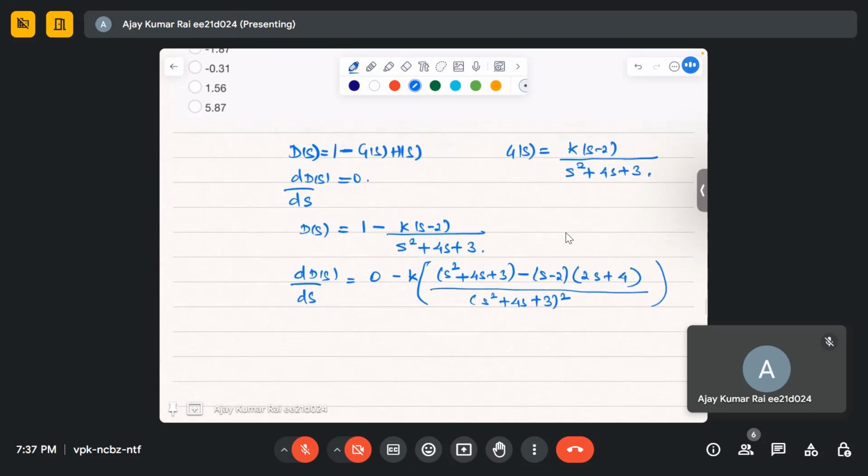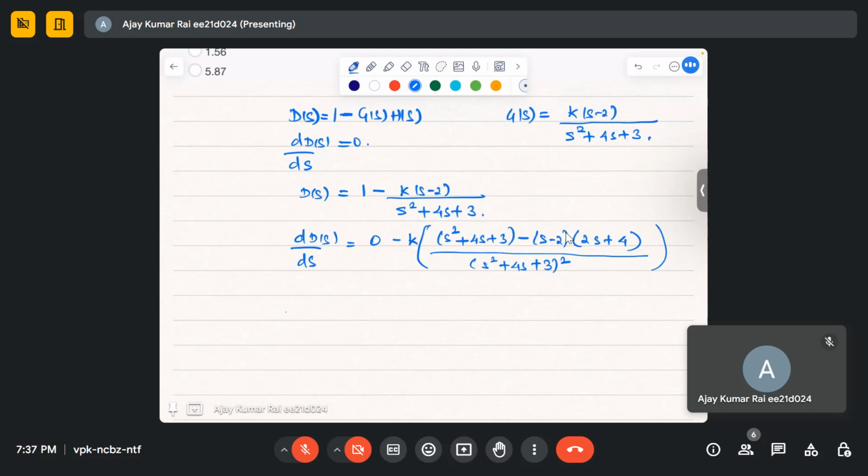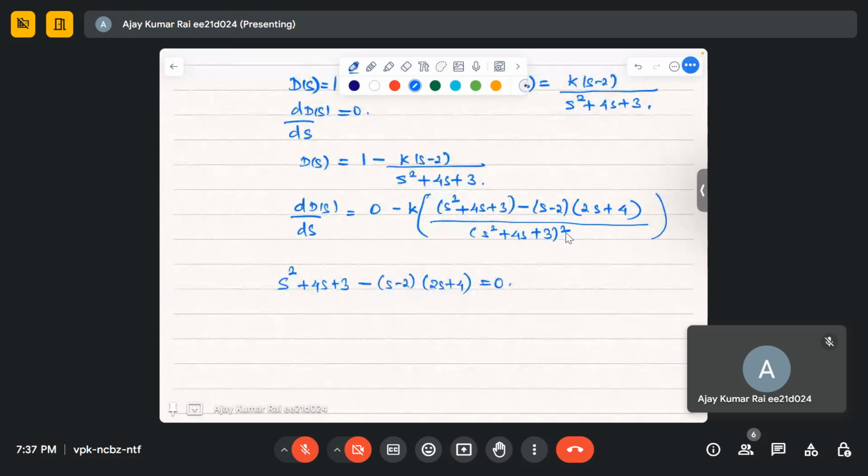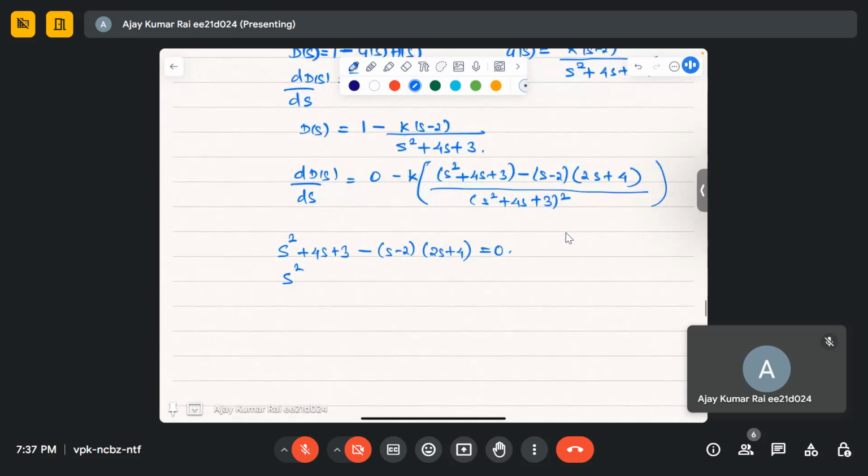Let's take the numerator and put that equal to 0: minus s minus 2 and 2s plus 4 equal to 0, and you have to find the value of s. Let's simplify this. So this is 2s square minus 4s plus 4s minus 8.